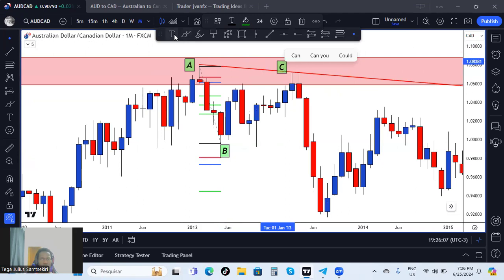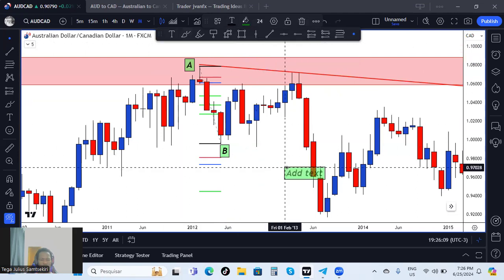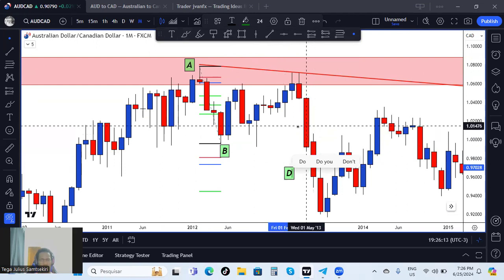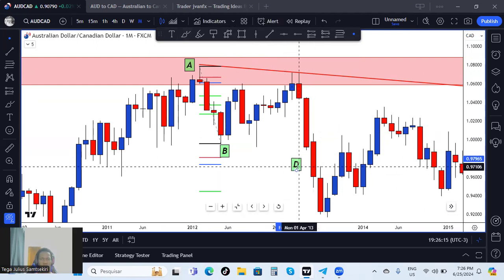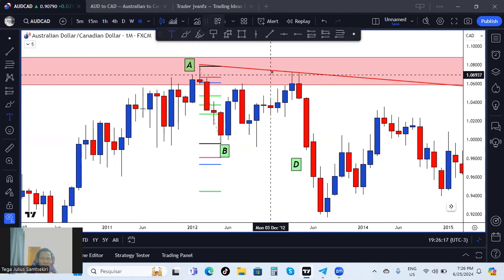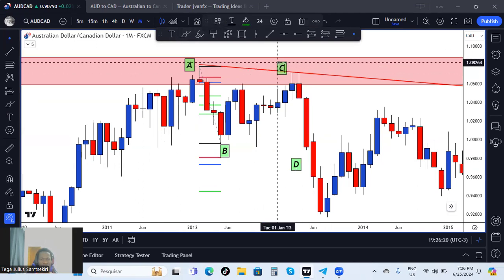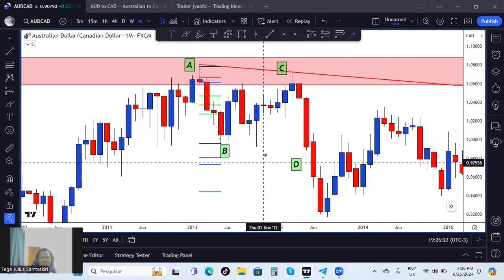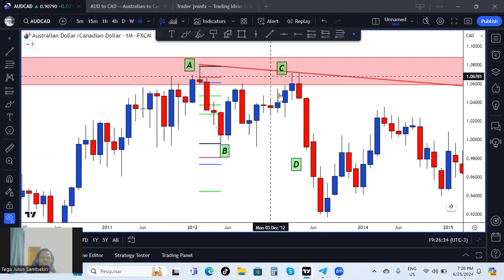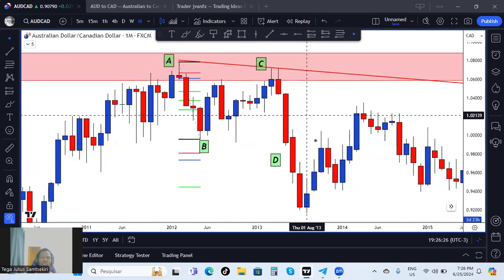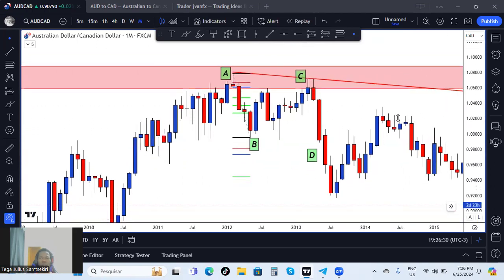C and D. Where's the C? Okay, so A, B, C. So the extension is going to be the D of the original Fibonacci.